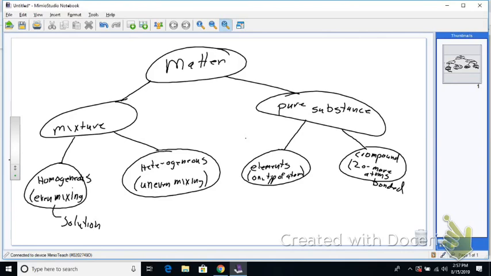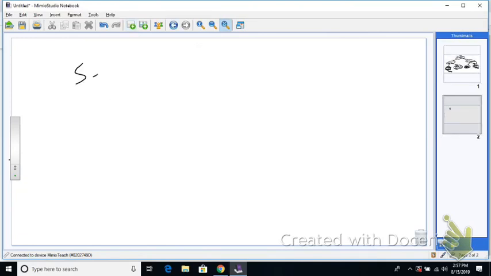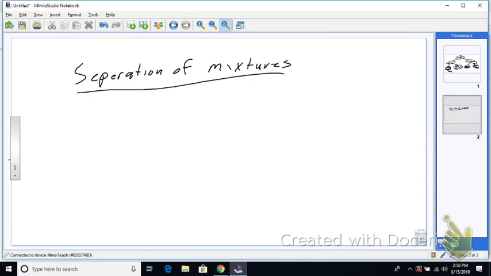There are multiple ways. Maybe you can tell me the ways they're listing, and we can give a little detail to that. When we look at separation of mixtures, what are the ways you can take something that's impure and purify it, to where you can possibly separate it into the elements and compounds?